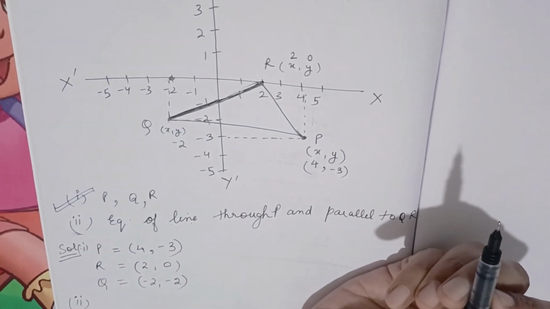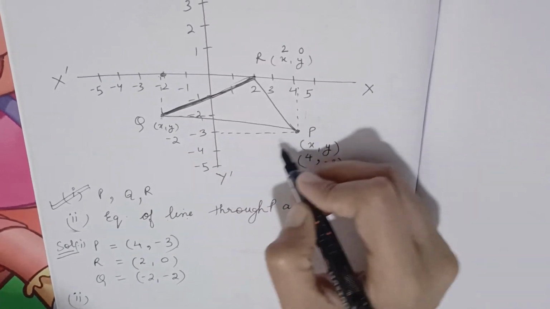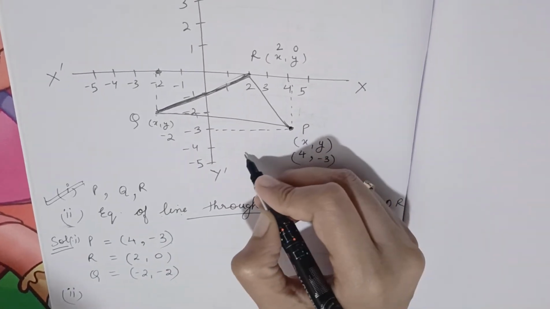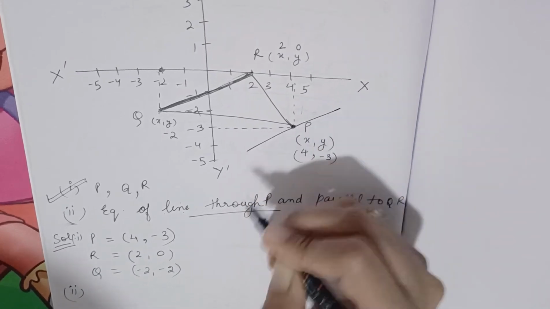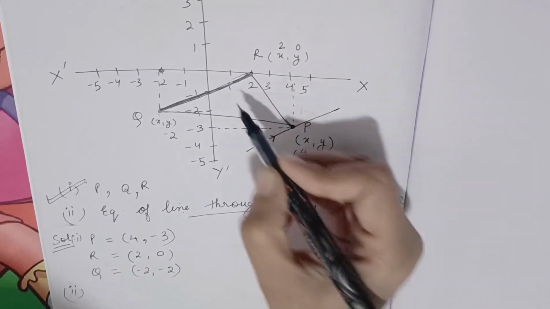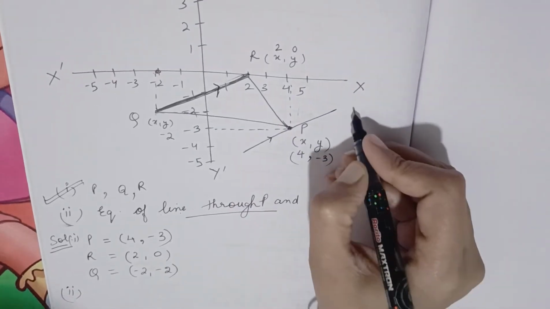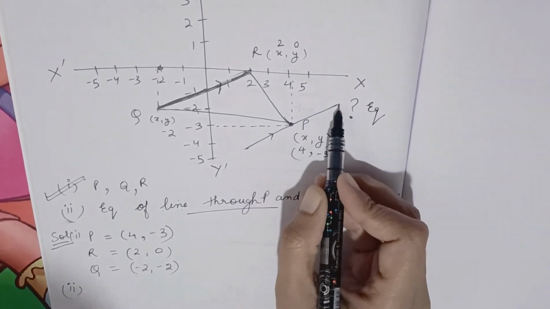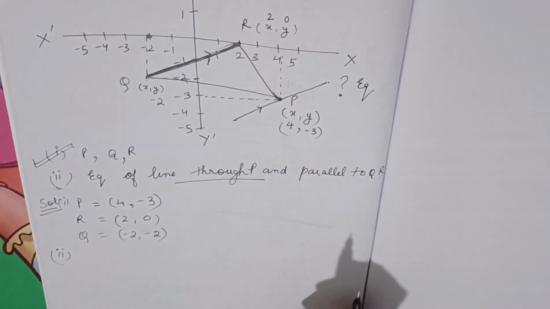So this line is QR. We have to find the equation of that line which is passing through P. Here is our point P. So something like this. This line is parallel to this line. So we have to find the equation of this line, which is passing through P and is parallel to this.